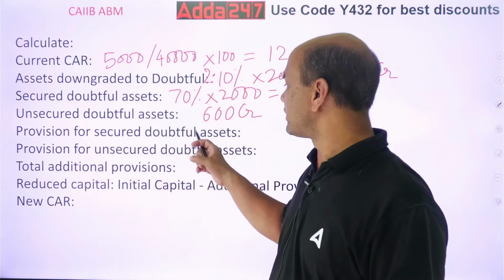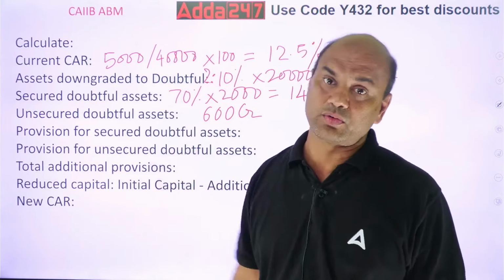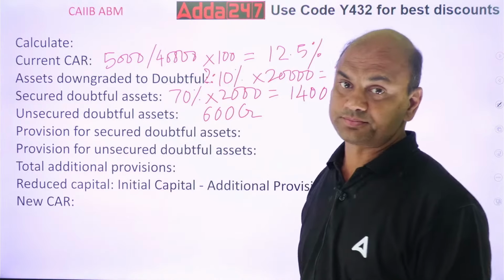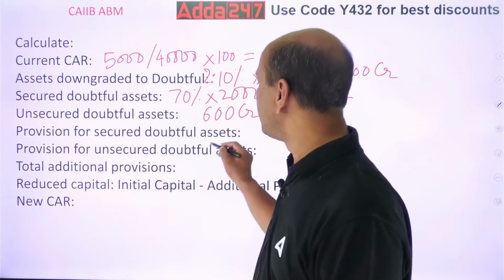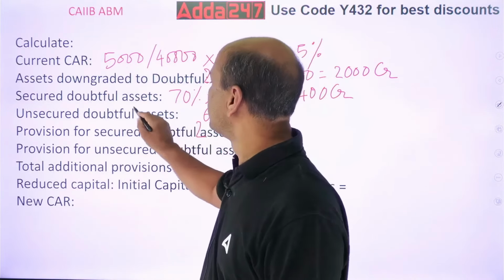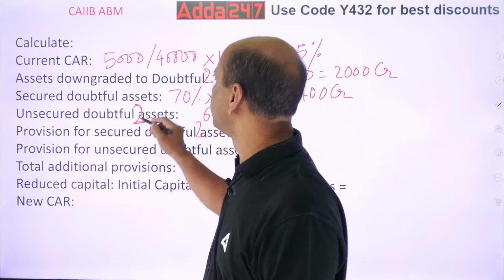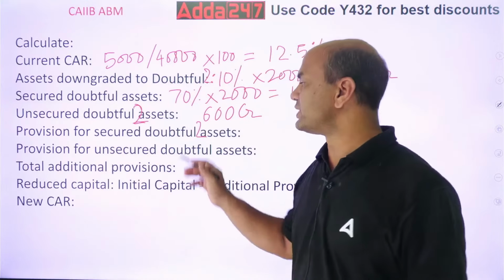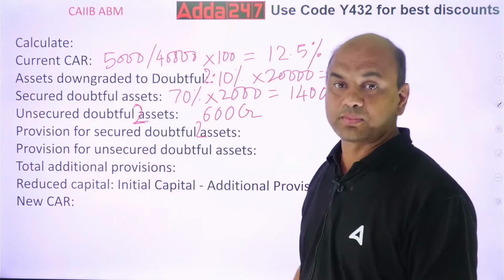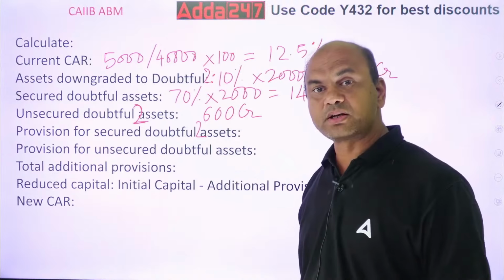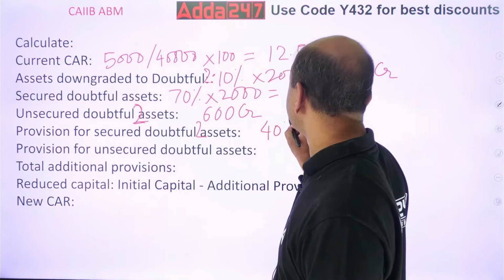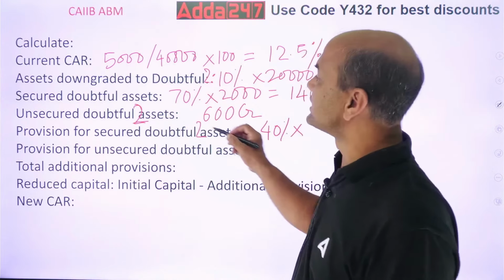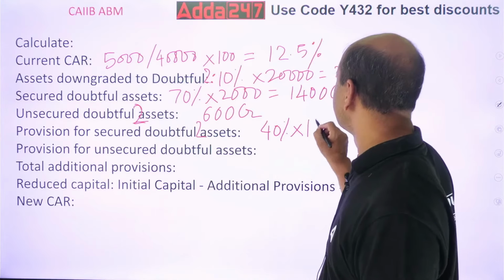Provision for secured doubtful assets. What is the provision now? We are in the D2 category. Doubtful means D2, everywhere it's D2. So provision for secured D2 is 40% of the assets. 40% of the secured part, 1400.